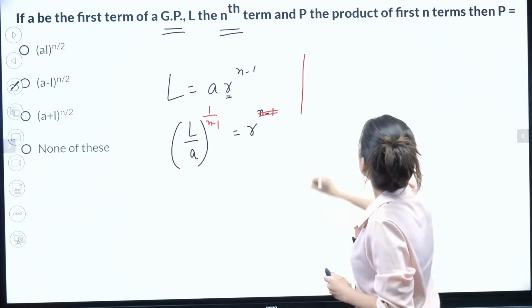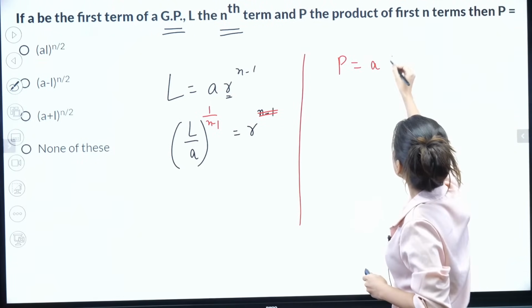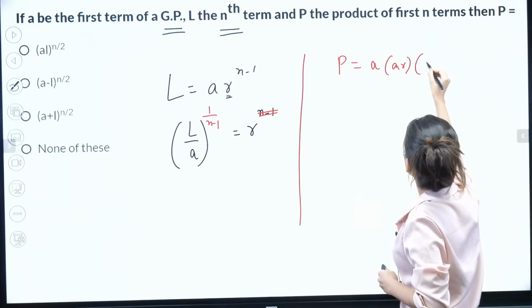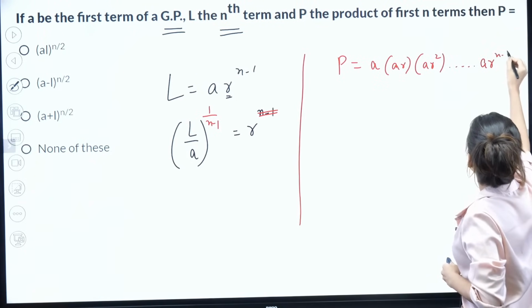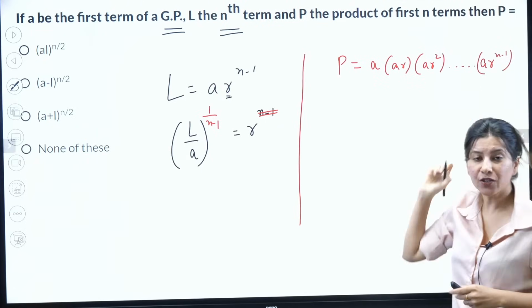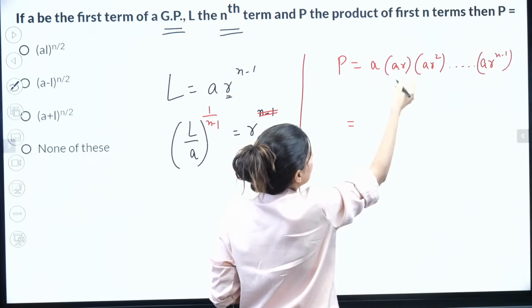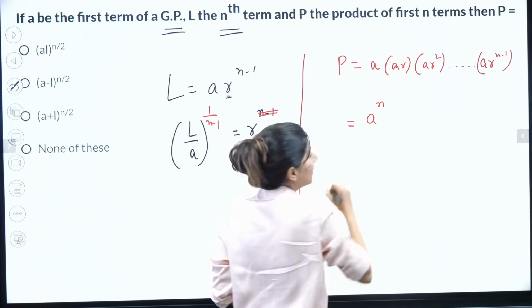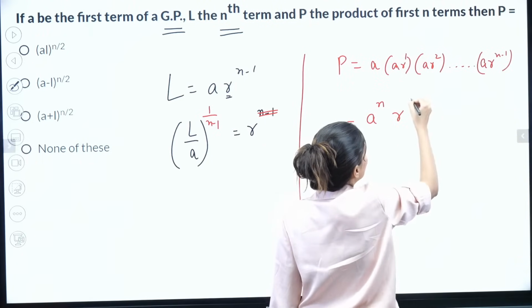Now what we are looking for is the product of the first n terms. So first term, second term, third term and last term, nth term. So A, how many times can you clearly see A? So A raised to power n is there. What about r? r raised to power 1 to n minus 1.